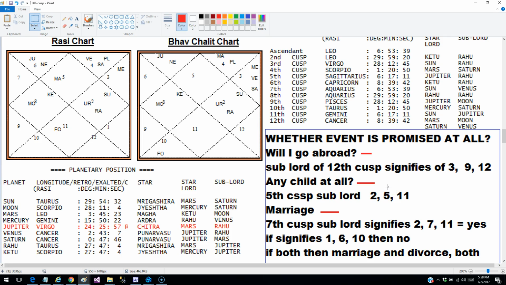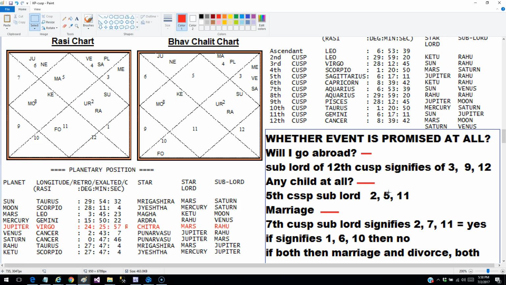Whether the person is born in India or Africa or US, or whether born in Krishna Paksha or Shukla Paksha, or day or night, nothing matters. If somebody is asking about marriage, the rule is universal in Krishnamurti that the seventh cusp sublord should signify 2, 7, 11.